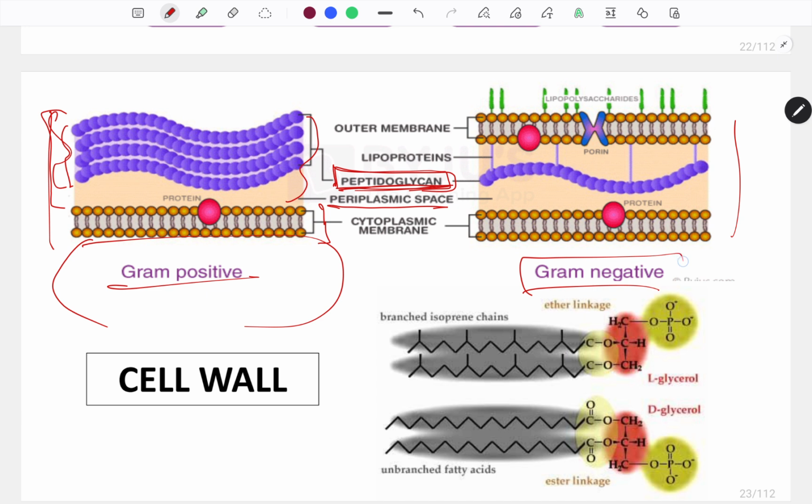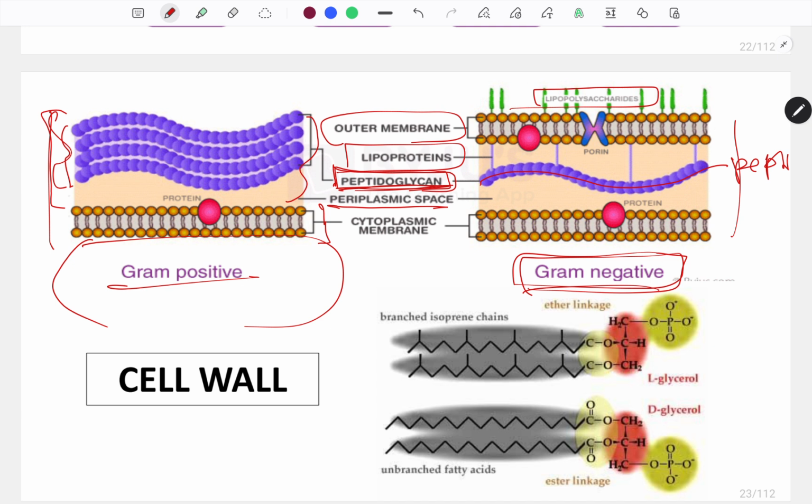In case of a gram negative bacteria, you can see here we have only one layer of this peptidoglycan, and above that there are some lipoproteins and lipopolysaccharides, and there is the outermost membrane.